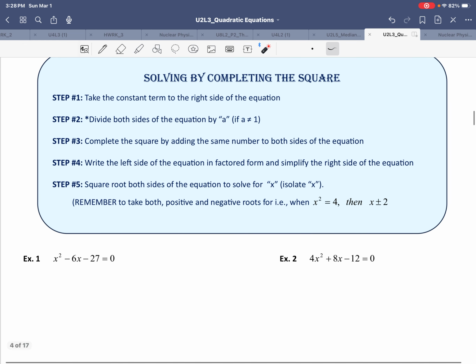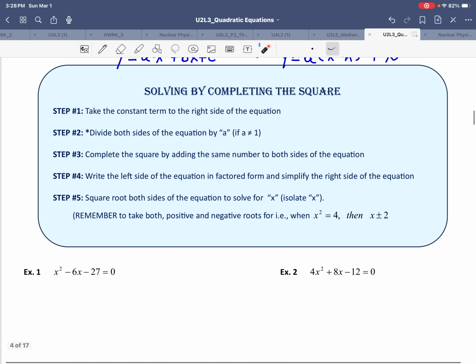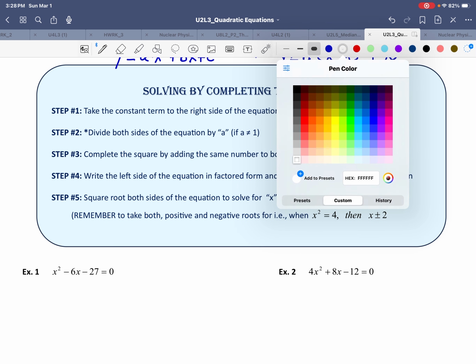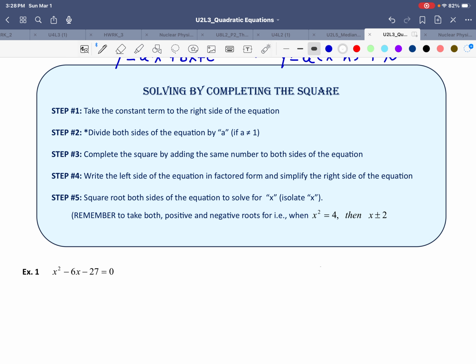So whenever we solve or whenever we complete the square in quadratic functions, the process will be similar to this. So what I'm going to do actually is go through the process of completing the square to solve an equation and to write the function in vertex form.